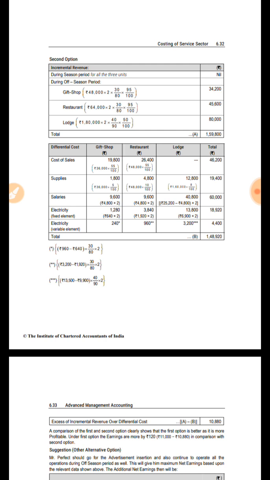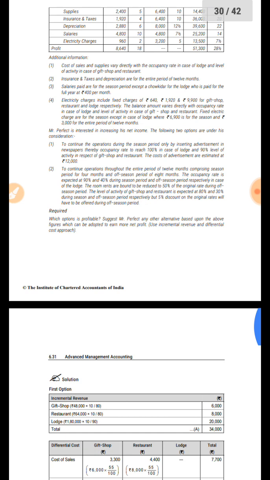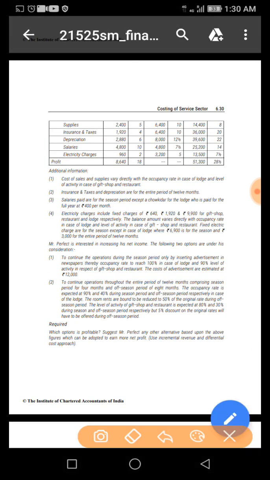So 25,200 minus 4,800, whatever is coming into 2, you'll get 40,800. Now electricity, fixed element, 640 into 2, this 640, 9,920, then 1,990.